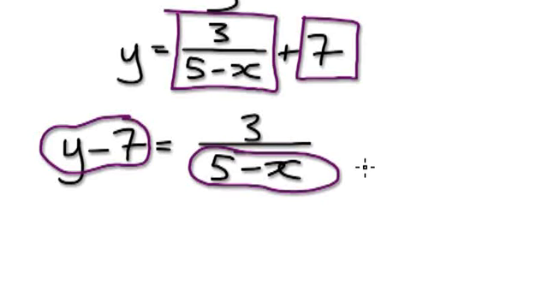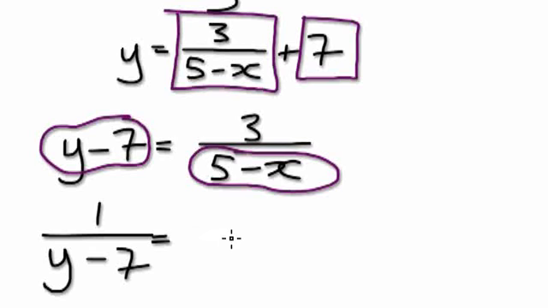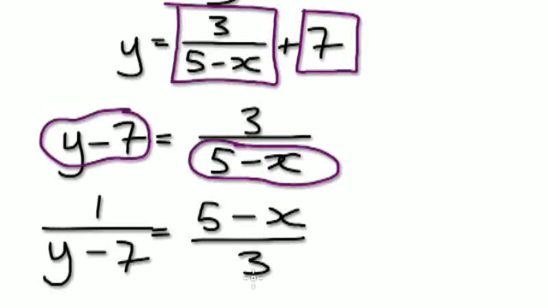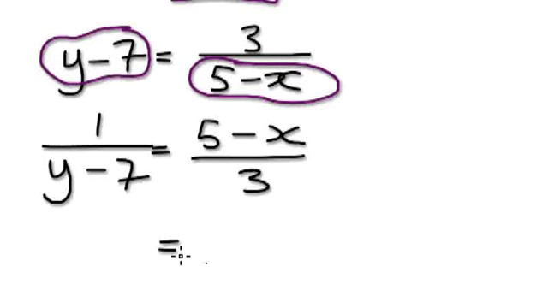So actually, take the reciprocal of both sides. There are lots of ways of doing this. You can multiply both sides by this bubble, but let's just take the reciprocal. So it would be 1 over y minus 7 equals 5 minus x over 3, and then times 3 to both sides. There are lots of ways of doing it. It's not that important here.